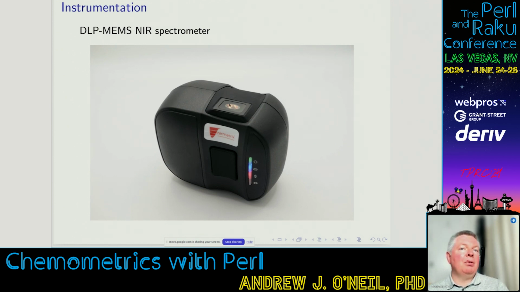So the light penetrates into the sample, undergoes diffuse reflectance, and some of it then emerges back, and inside is the InGaAs detector, which picks up the energies at the different wavelengths, and the Texas Instruments digital micro mirror device produces the spectrum by switching different mirrors on and off.